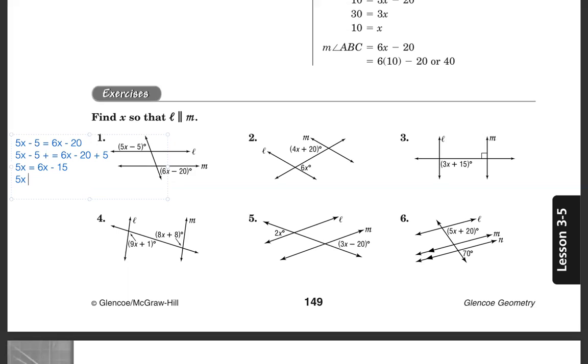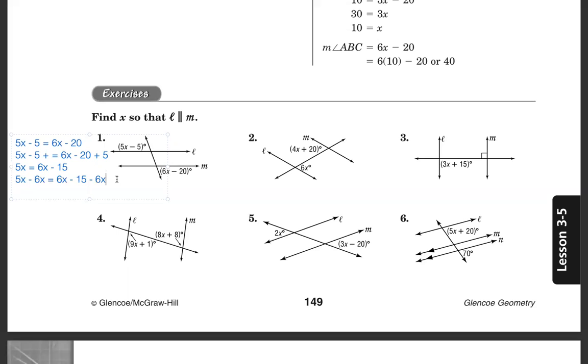So that becomes 5x minus 6x. We subtract 6x because we will subtract 6x on the right side. Remember, what you do on the left, you do also on the right side. So this dictates the minus 6x on both sides.